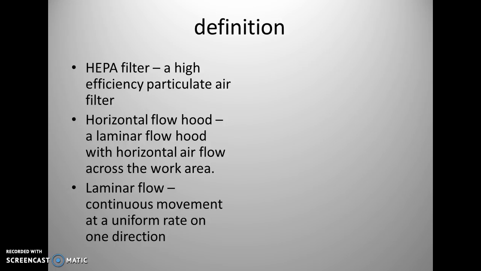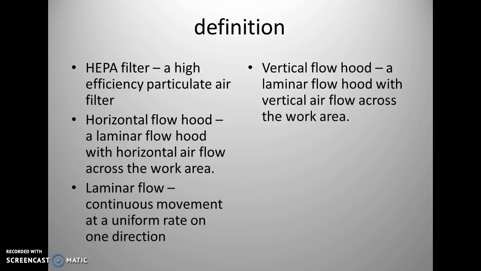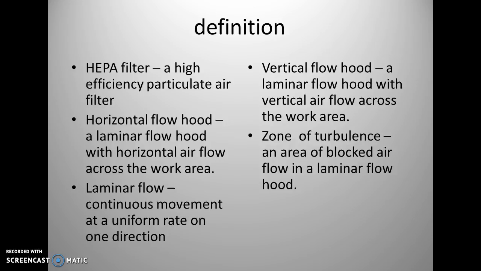Then what you have here is a laminar flow, which has a continuous movement of air at a uniform rate, and that is in one direction. Okay. Vertical flow hood: a laminar flow hood with a vertical airflow across the work area. And again, we're going to take a look at a picture of that.